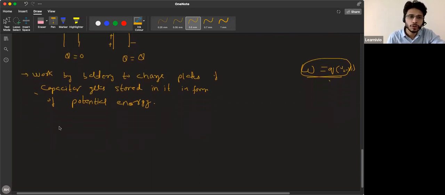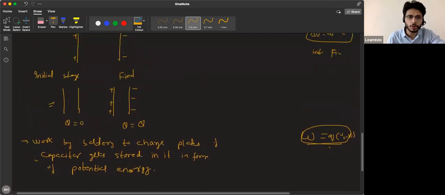So work done by battery to charge plates of capacitor gets stored in the form of potential energy. Initially, your capacitor was uncharged. Finally, your capacitor will have some Q charge.